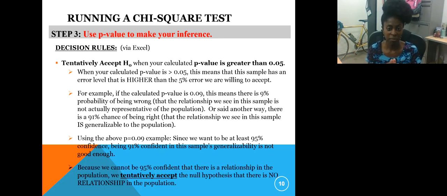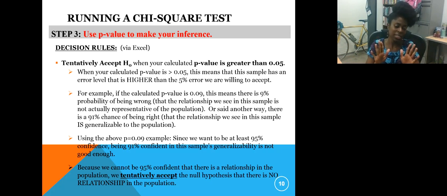Because we cannot be 95% confident that there is a relationship in the population, we tentatively accept the null. We tentatively accept that there is no relationship between this variable and that variable in the population. Okay? We can't be 95% confident. In this example, we're only 91% confident.